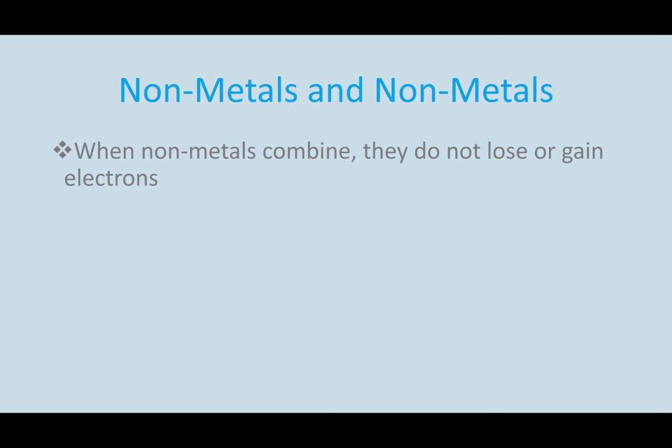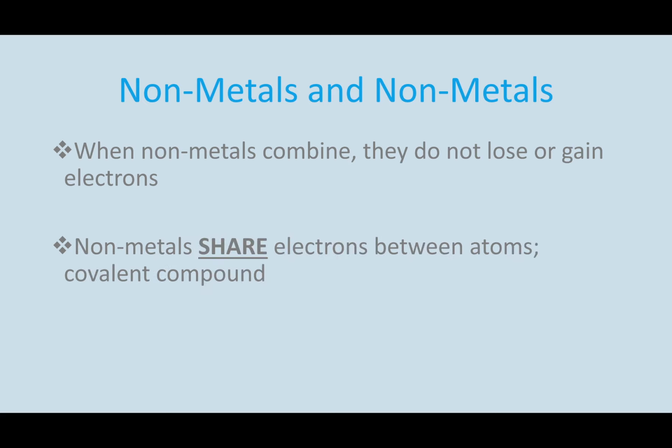We talked about with the ionic compounds, the cations and the anions, the metals would lose electrons and the nonmetals would gain electrons. However, when we're dealing with two nonmetals or multiple nonmetals, they do not lose or gain electrons. What happens though is that they share electrons between atoms, or they form what is called a covalent bond.